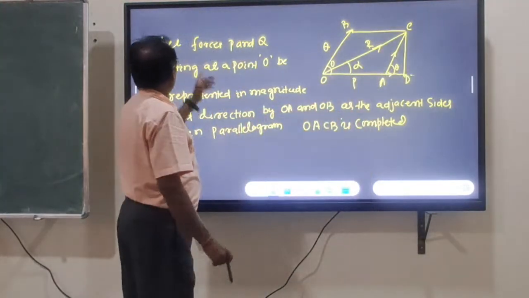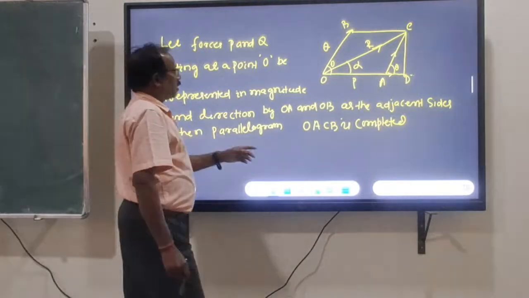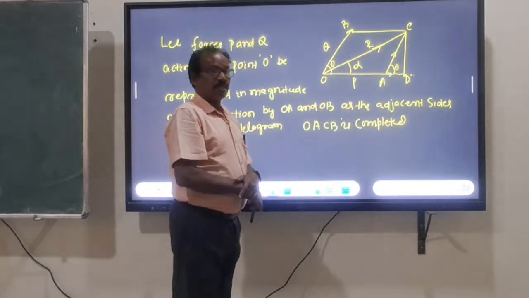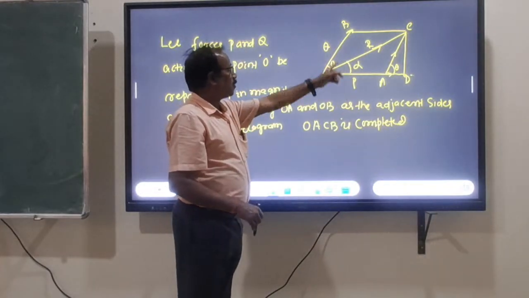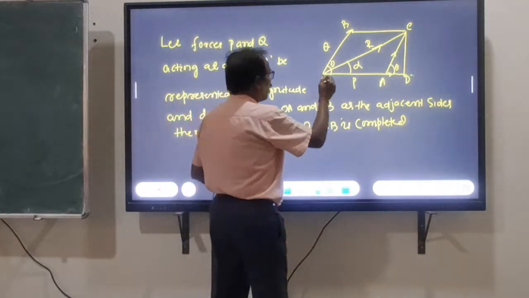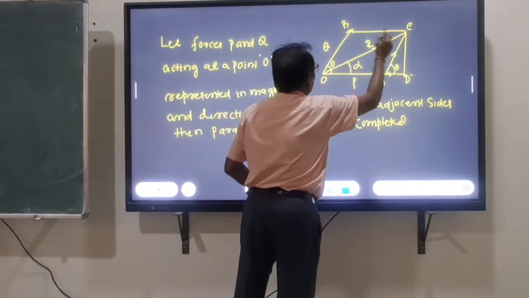Here P and Q are two forces. These two forces, P and Q, are the adjacent sides of a parallelogram OACB.